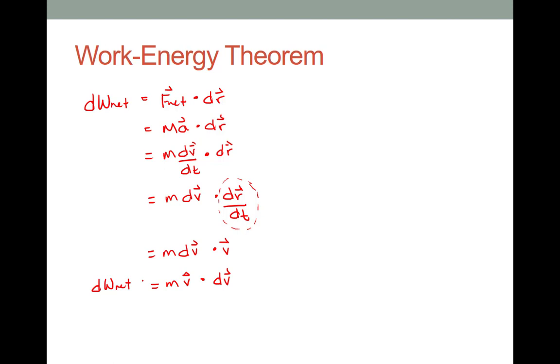Now, what I really want to know, though, is not a little chunk of work. I want to know the total work. And to find the total work, I've got to integrate. So I'm going to integrate my d net work from A to B, and that will be the integral from A to B of mv dot dv.